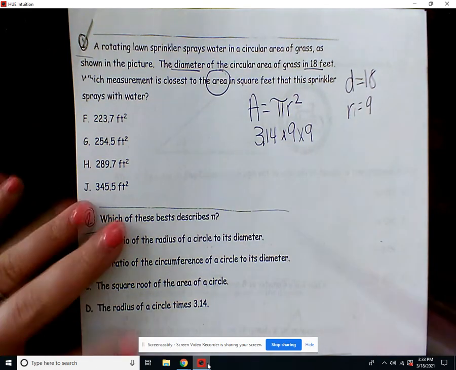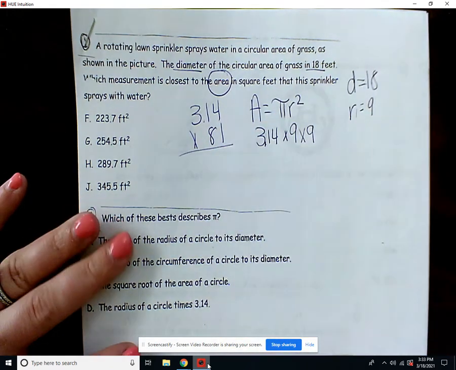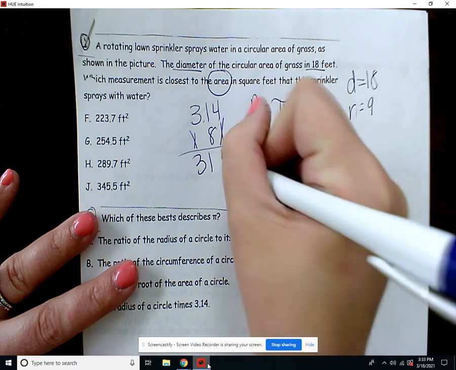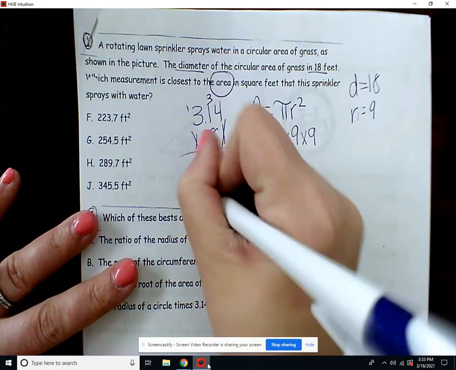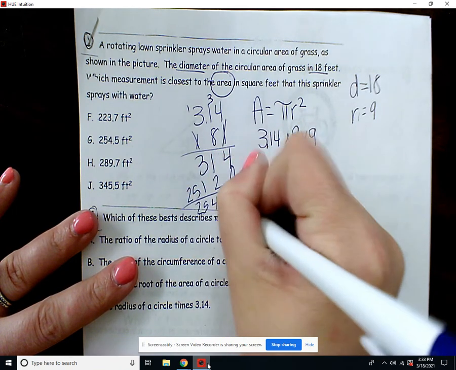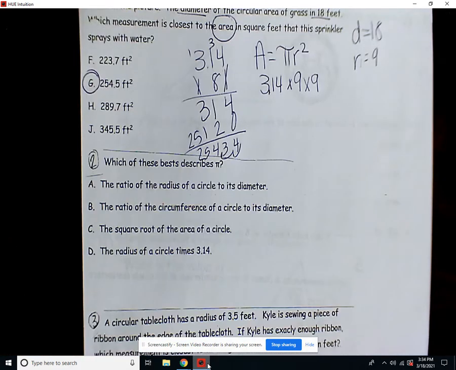So 9 times 9 is 81. And then we'll do 3.14 times 81, and then we'll find our answer. And we get G.